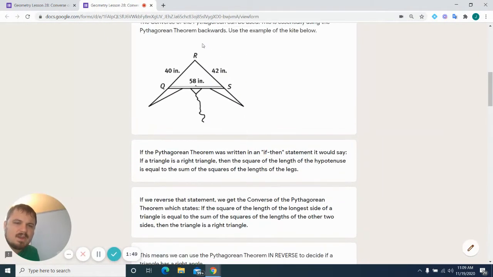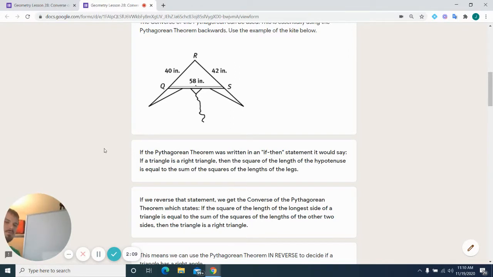So let's take this right here. Look at the sides you have. You have this kite, and there's a 40-inch side, a 42-inch side, and a 58-inch side. We don't know if it's a right triangle or not, but we think it could be. We think this corner right here could be a right angle. How can you test to see if it is?